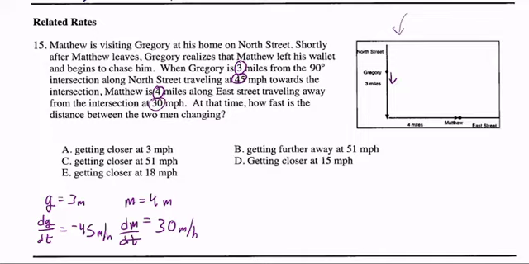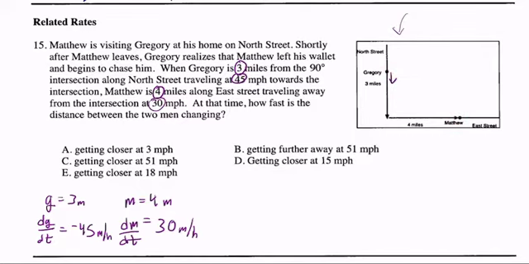At that time, how fast is the distance between the two men changing? Now, this is kind of a weird problem because it doesn't specify how to find that distance. Are you going to find the distance by adding this and this, or are you going to find the distance diagonally, straight from each other?